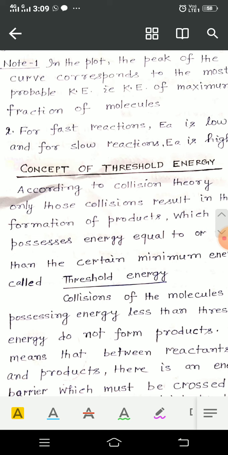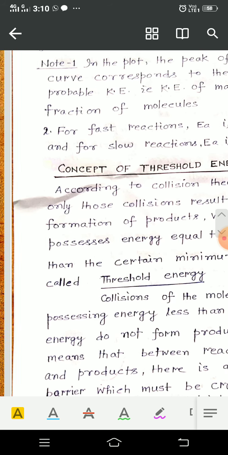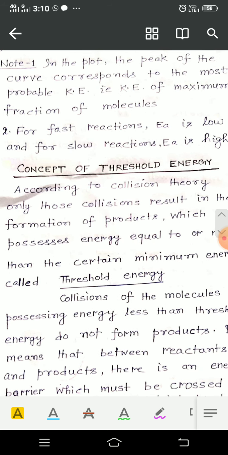The reactants give products when they reach the threshold energy. After that it forms product, and its energy decreases. Collisions of molecules possessing energy less than threshold energy do not form products.